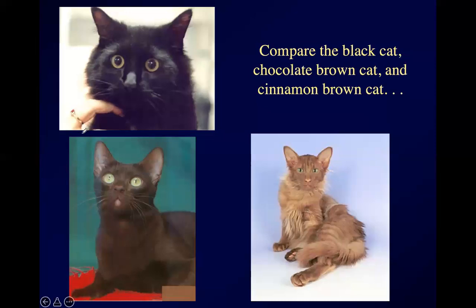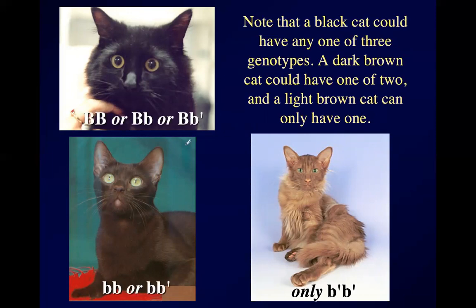So up at the top left, that's a black cat, not one of mine. And at the lower left, that is a dark brown or chocolate cat. And at the lower right, that is a light brown or cinnamon cat.